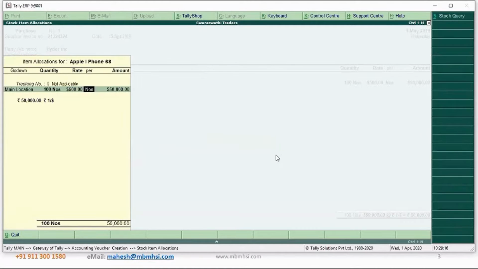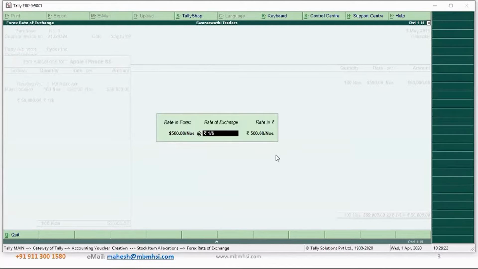Once you press enter on your unit of measure, it is asking for the exchange rate. So $500 per number, and what is the exchange rate? Because this is my first transaction, it is not able to know the exchange rate. So for the first time, I need to give the exchange rate. For example, I'm saying it is 75 rupees per dollar.